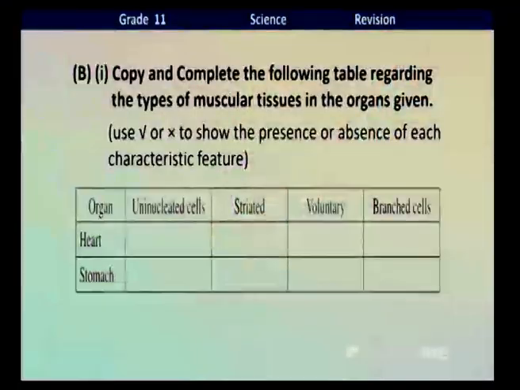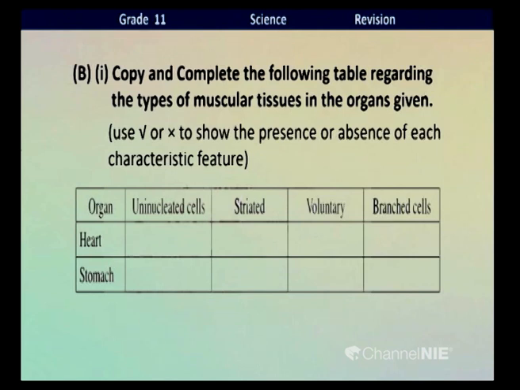Y here. Next question. Copy and complete the following table regarding the types of muscle tissues in the organs given. Here, what are the two organs given, children? Heart and stomach. You know that the only type of muscle tissue available in our heart is cardiac muscle tissue.